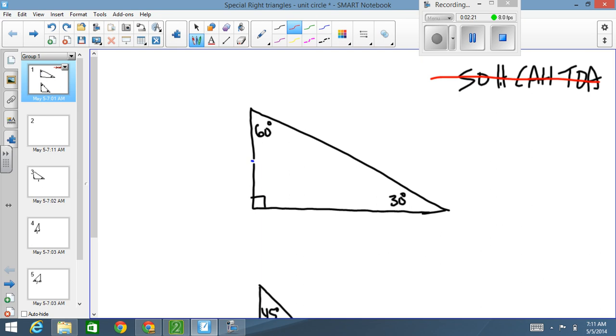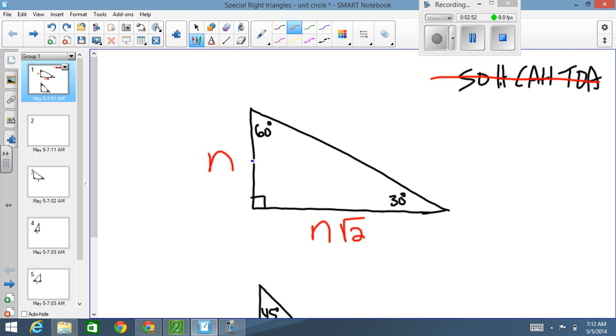When you have a 30-60-90, the shortest side, we're going to call that side N. Okay? And the reason we're just giving it a variable is because we don't want to specifically talk about a number right now. We want to talk about what happens to that number to find the other sides. If I have the shortest side, then my middle length side is going to be whatever that shortest side was times the square root of 3. Sorry about that.